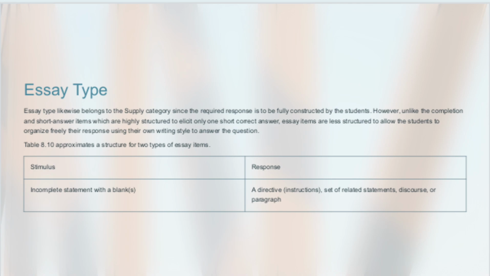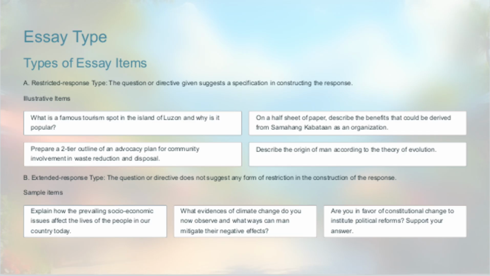The student is expected to respond to a directive or instructions, a set of statements, discourse, or paragraphs. Illustrative item number 1.